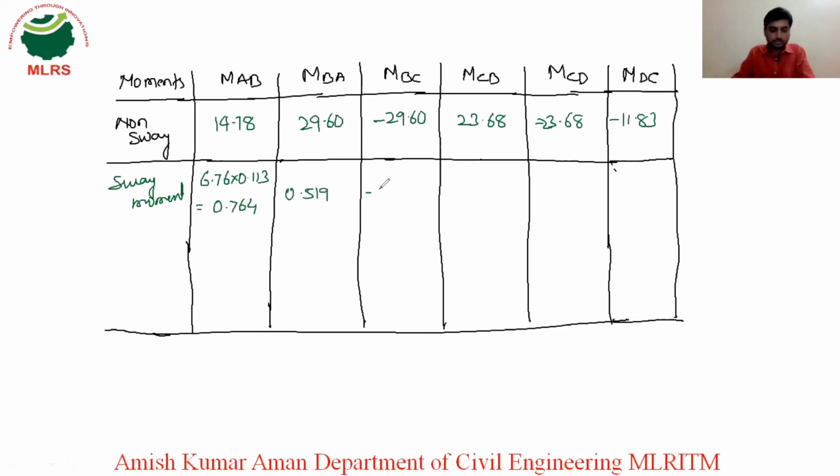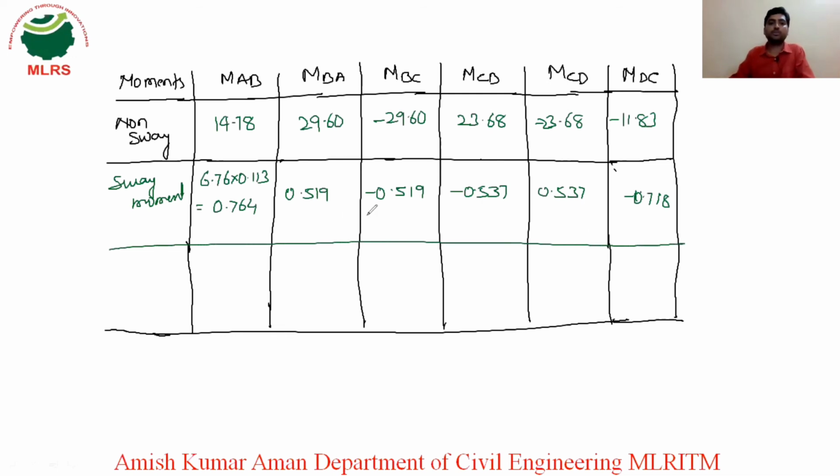Similarly here you will get minus 0.519, sorry. Here 0.537, here also 0.537. Here also you will get minus 0.718. So these are the sway moments which we have altered by multiplying with the correction factor.